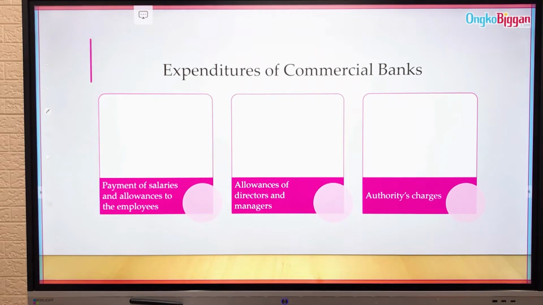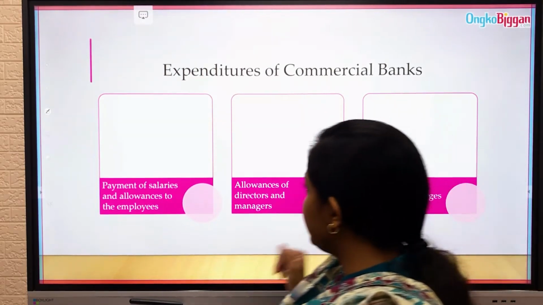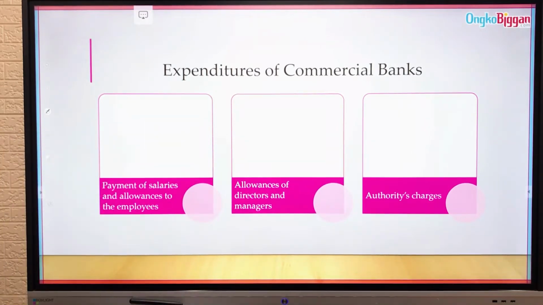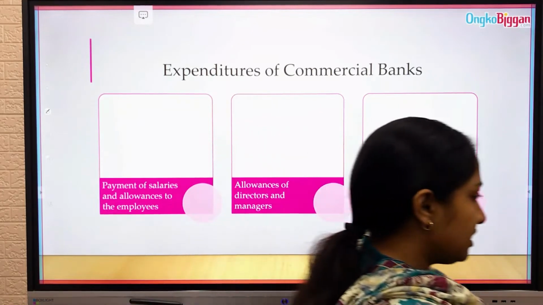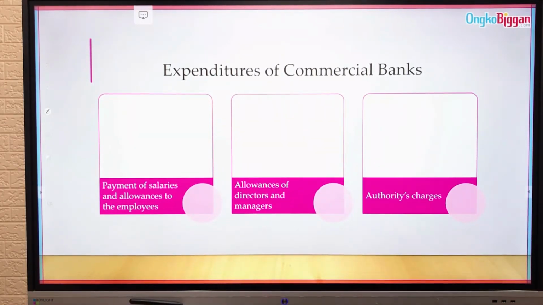Another one is authority charges. Authority charges are almost the same as the allowances of directors and managers. Authority charges are normally needed when you immediately need any kind of decisions.